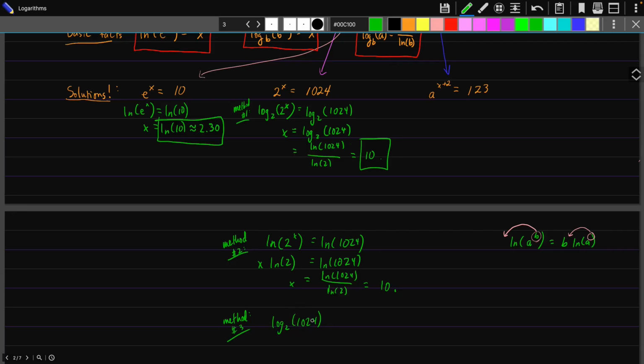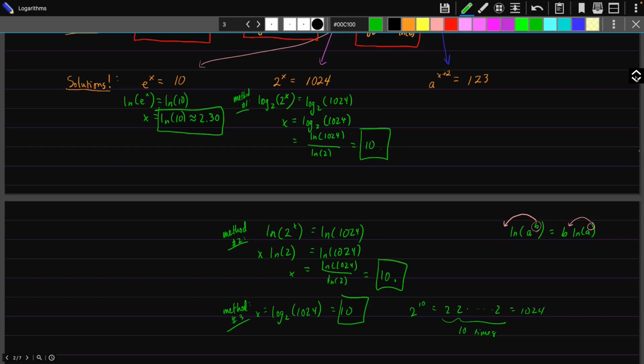So the way that you compute this is that log base 2 of 1024 is whatever power of 2 would give you 1024. So you can see by just computing 2 to the 10th power equals 2 times 2 times ... times 2. It turns out to be 1024.